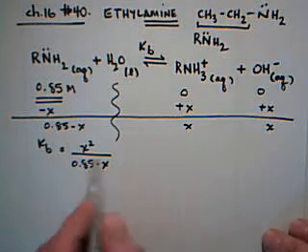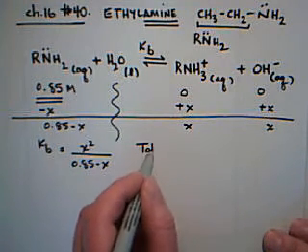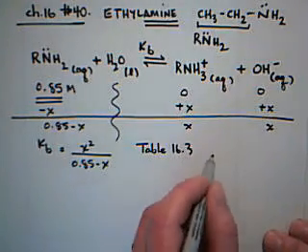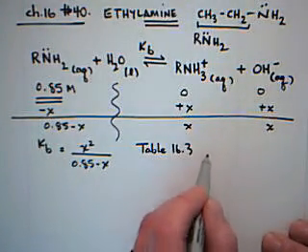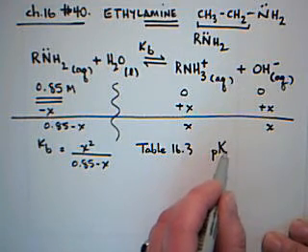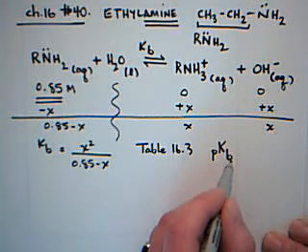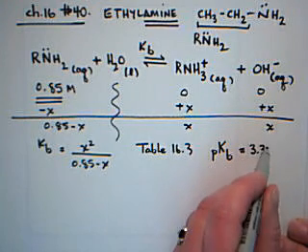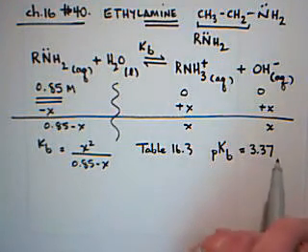So if we look on table 16.3 in your textbook, we will find a pKb for ethylamine equal to 3.37.